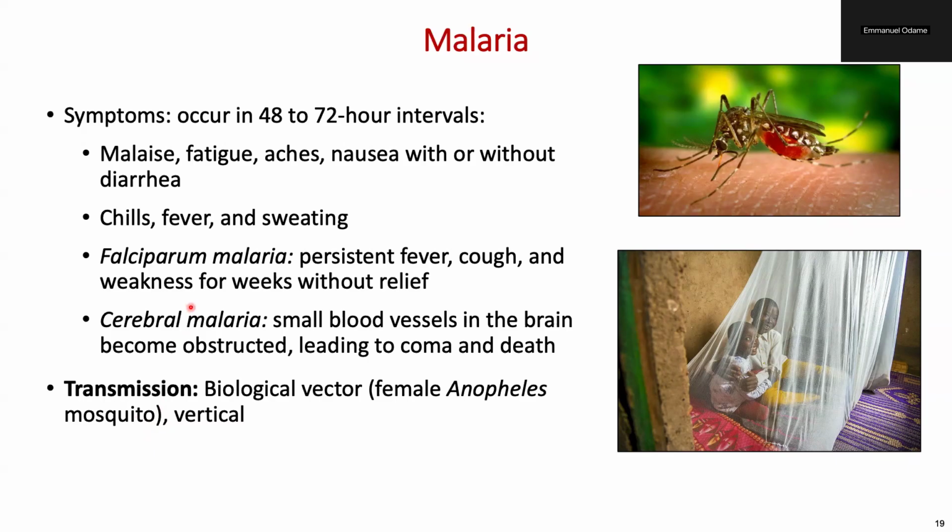If you are infected with falciparum malaria, you have persistent fever, cough, and weakness for weeks without relief. If you have cerebral malaria, the small blood vessels in your brain become obstructed, leading to coma and death in extreme cases. It's transmitted through a biological vector, which is the female Anopheles mosquito, and this is more of a vertical transmission.